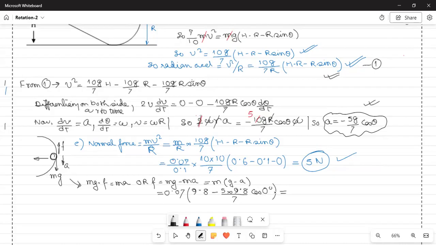If you calculate this, you will find this is 0.196 Newton. So this is the frictional force that they want you to find out. Right? Now we shall go to the next question.